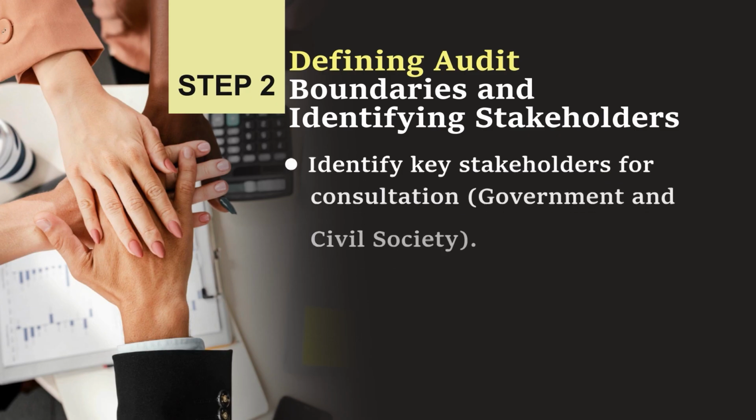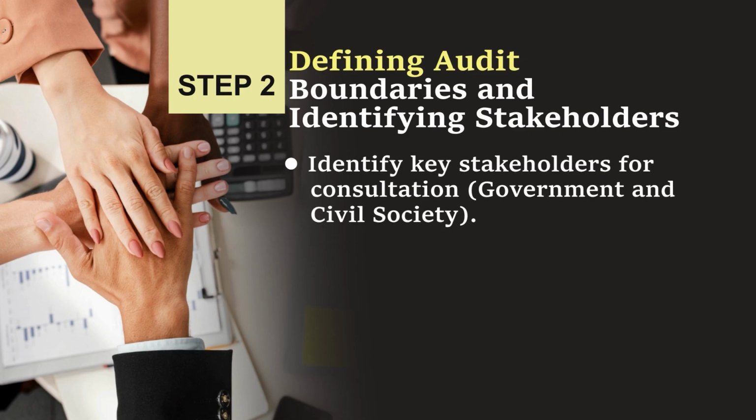In this step 2, there are a few other key points one must keep in mind before we start the social auditing process. We need to identify key stakeholders for consultations. Once we complete the process of social auditing, whatever the result comes, we need to consult with the government and civil society organizations who are working in the field. So, we need to identify who all the stakeholders for consultation are, among government and civil society organizations.